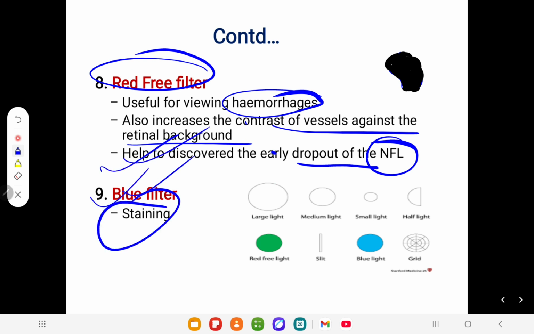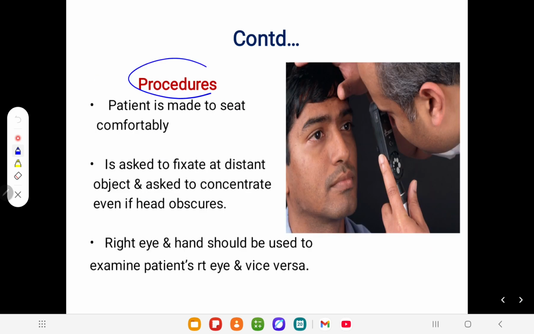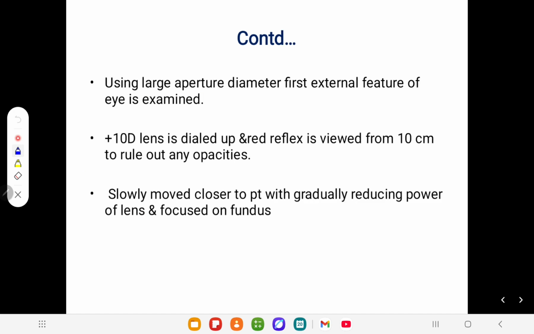Blue filter is for staining. So in case you go to a camp in any other place, it's very crucial for staining the cornea. Okay, so basically the procedure: the patient is made to sit comfortably and asked to fix at a distant object and concentrate. It's always better for the patient to look at the distance, because the pupil is not constricted in that condition. Your right eye and right hand should be used to examine the patient's right eye and vice versa, isn't it?